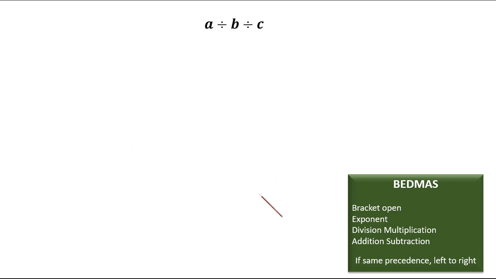A divided by B divided by C. So what is A divided by B divided by C? It depends whether it is A divided by B first, then divided by C, or B divided by C first.